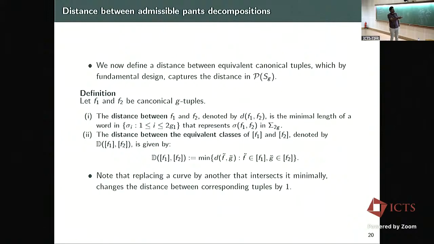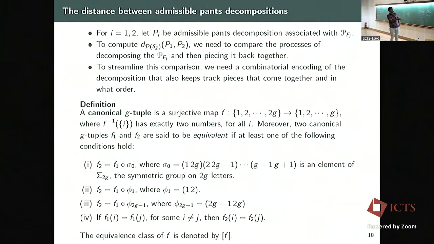And the distance between equivalence classes, so I defined an equivalence class here. If two tuples are equivalent if one of these things hold, and that I defined as an equivalence class, because I want to remove redundancies while I'm doing this process.